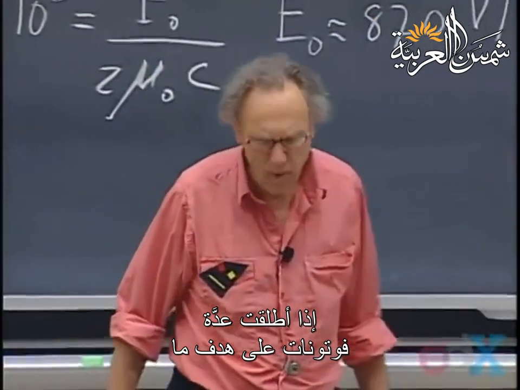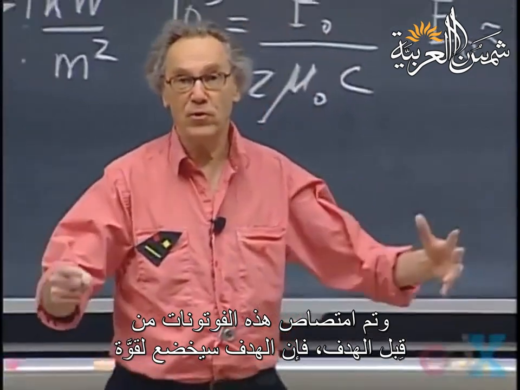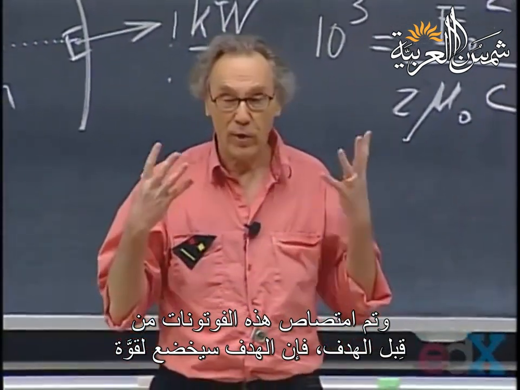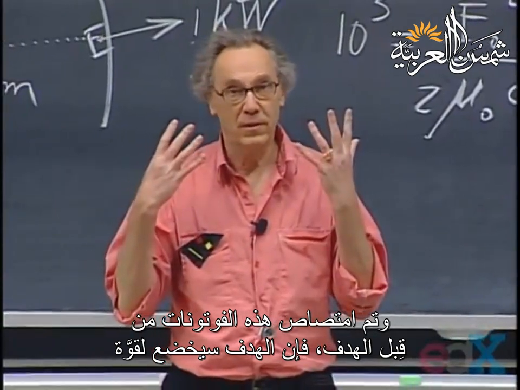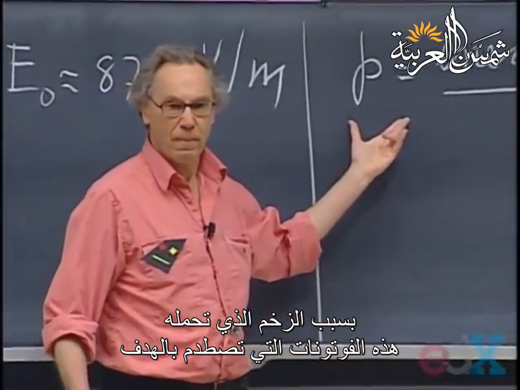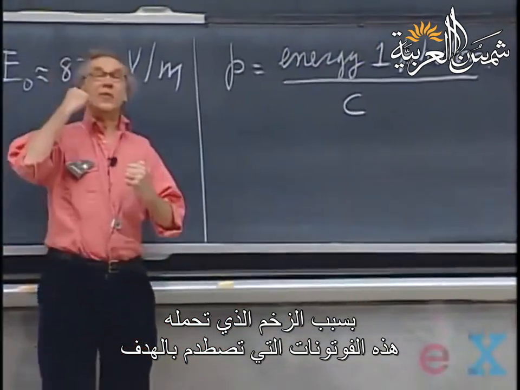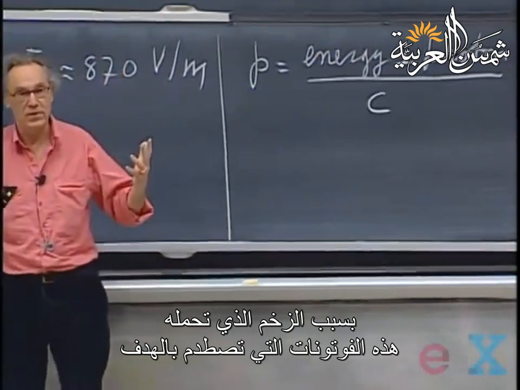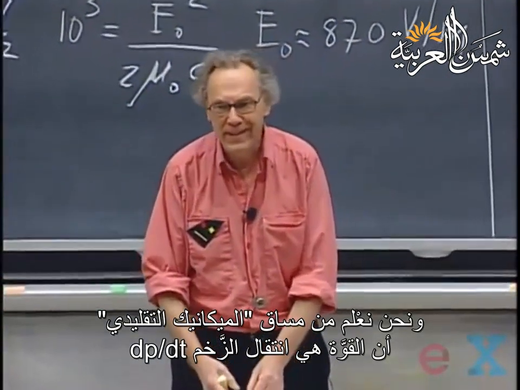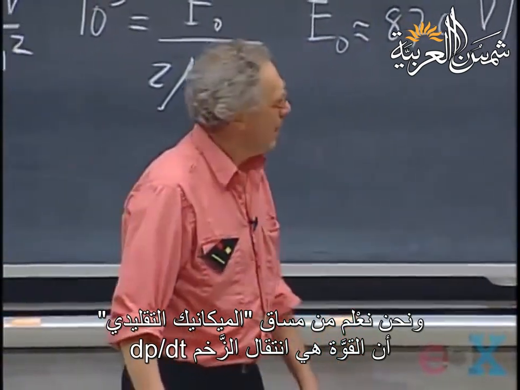And now if I shoot many photons at a target, and these photons are absorbed by that target, then the target will experience a force. Because if the photons carry momentum, photon, photon, photon, I feel a force. You remember from 8.01, a force is dp/dt, the transfer of momentum.